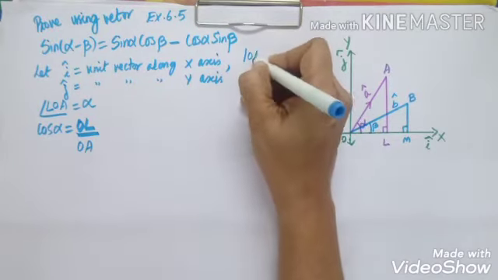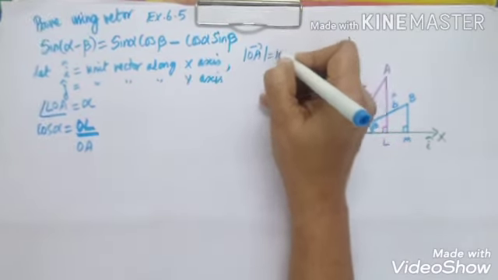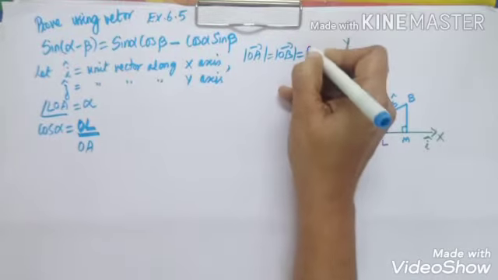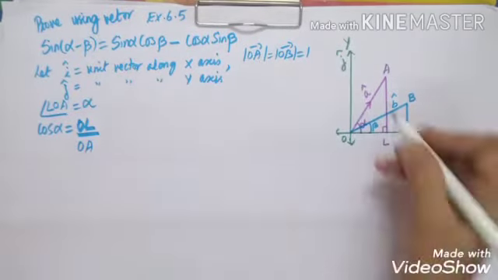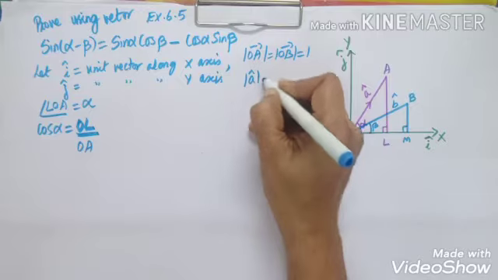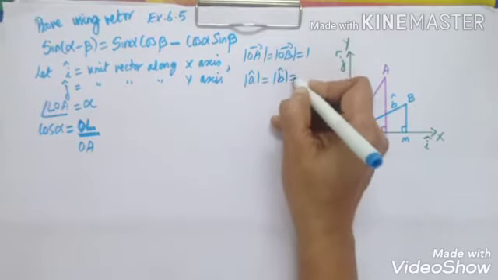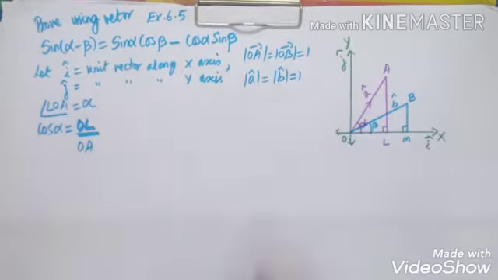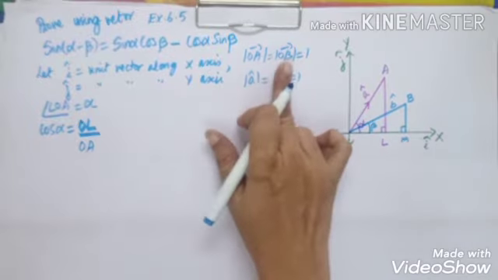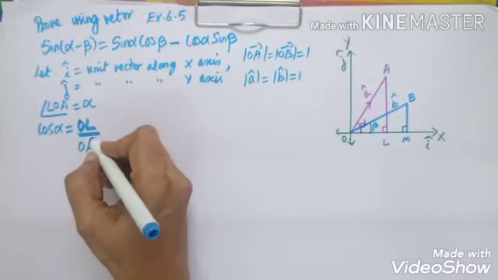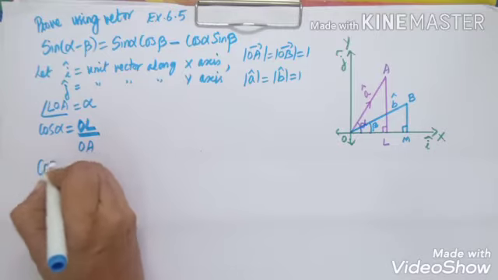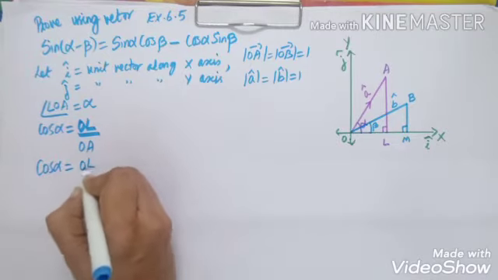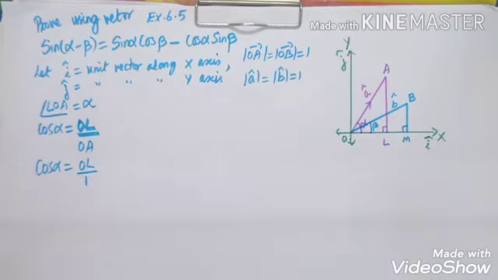So mod OA, mod OB are equal to 1. Or else I can say mod A vector, mod B vector equal to 1. So OA is 1, and I get cos alpha is OL by 1.